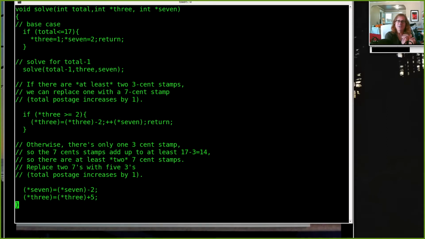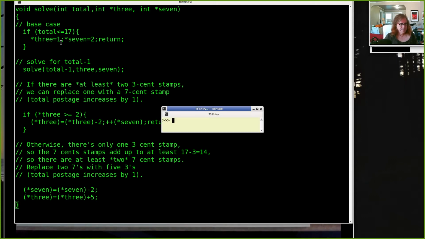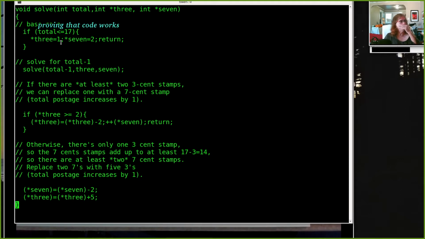But there's another thing going on here. Suppose somebody hires you to write a solve function which will solve this postage stamp question, and you present them with this code, and they say, how do I know this code works? You ran it for a few cases and it worked for those, but how do I know that this code works in general? So how do we prove that this code actually works?